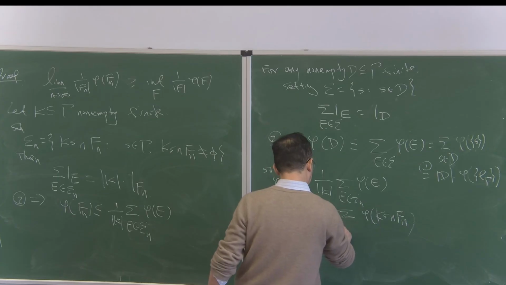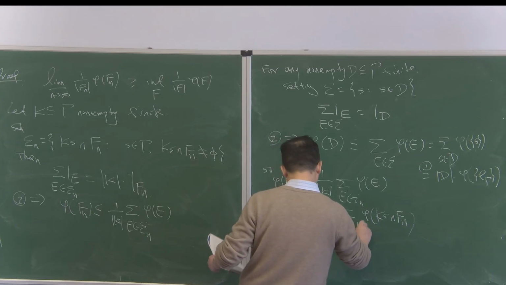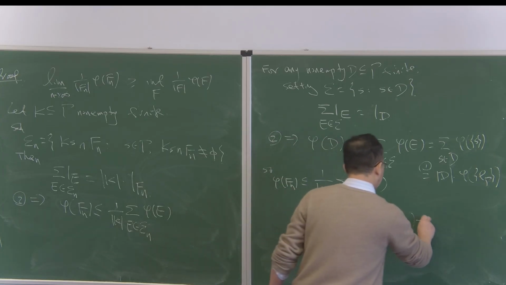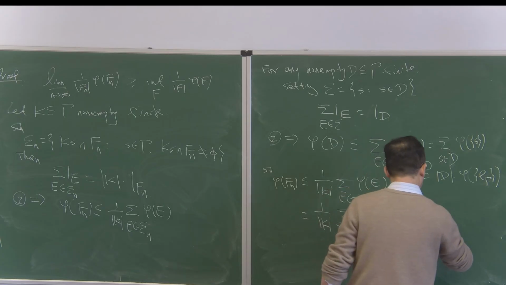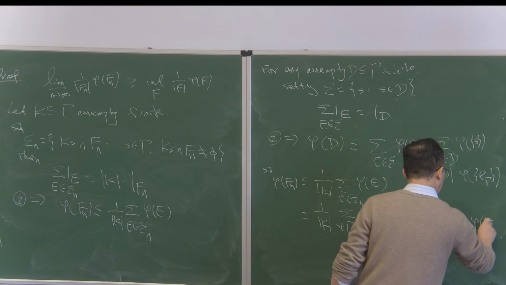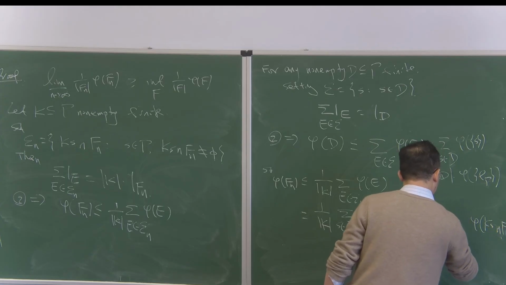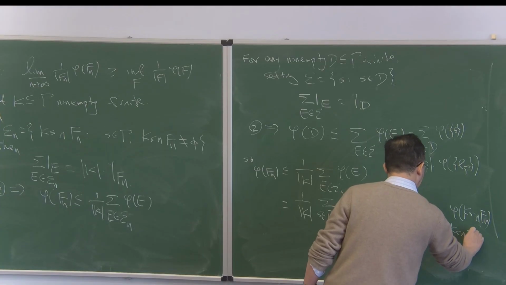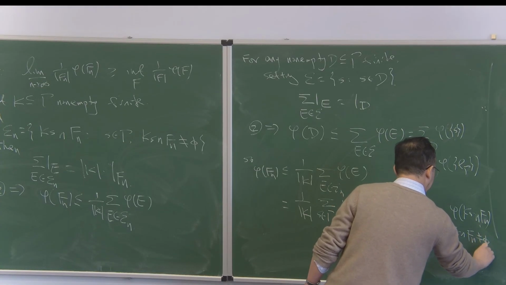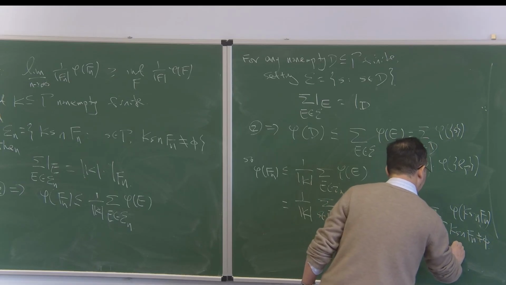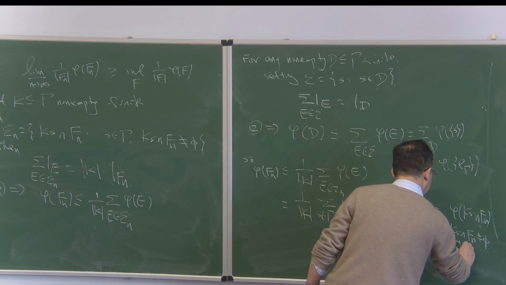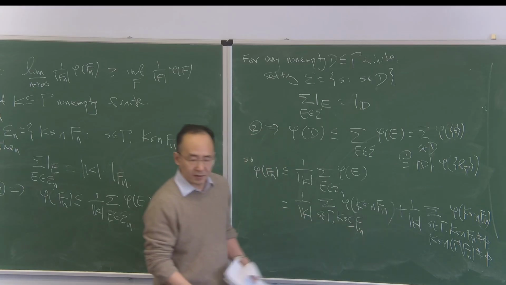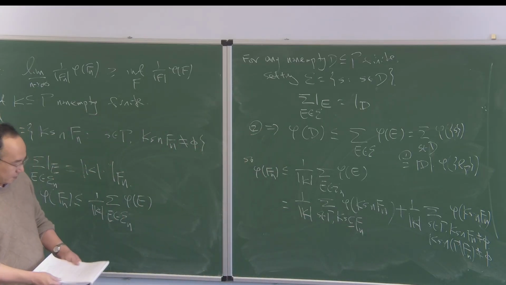Now we're looking at the case where this is completely contained in F1. The other piece is that this is gamma, Ks intersects with F1, but the Ks also intersects with the complement of F1. So it's not completely contained in F1.